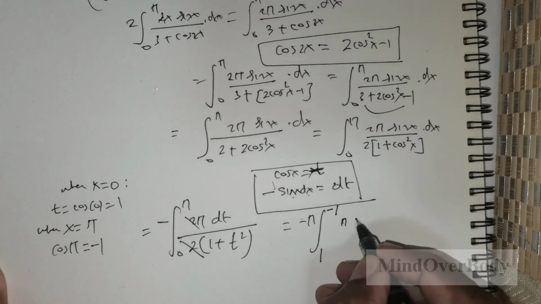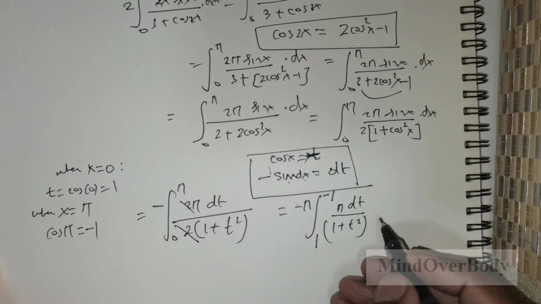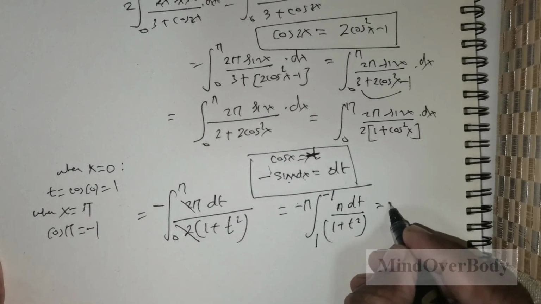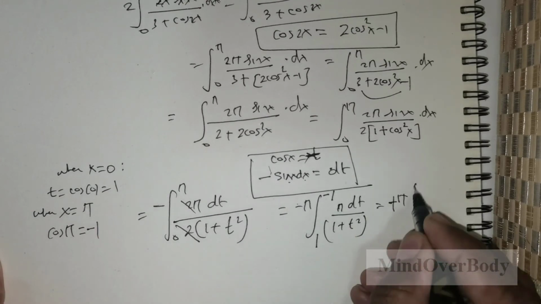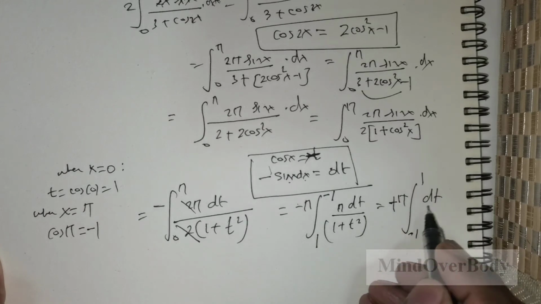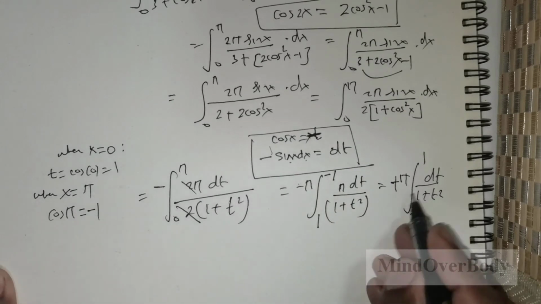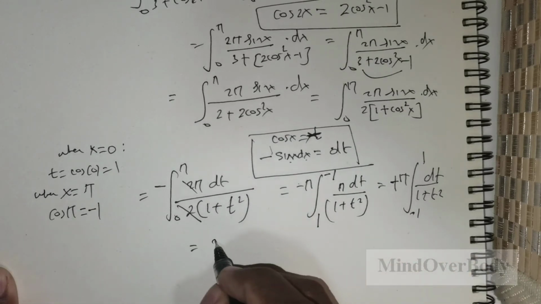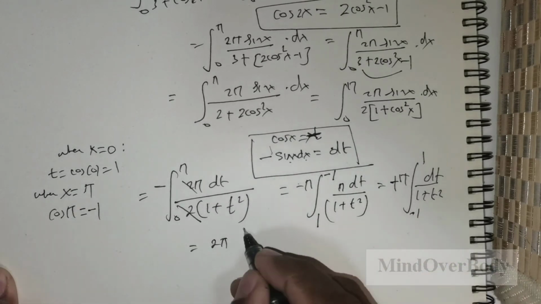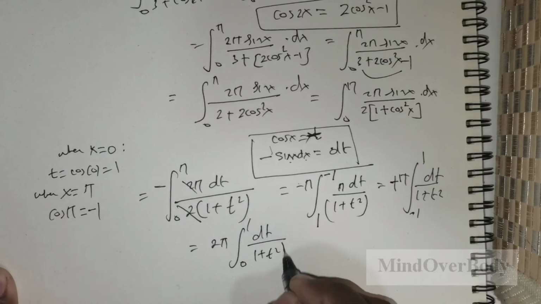So we can always change that, right? So this is equal to positive, I change the limits, pi times integral negative 1 to 1 of dt divided by 1 plus t squared. Now this is an even function, so I can rewrite this as 2 times pi integral 0 to 1 of dt divided by 1 plus t squared.